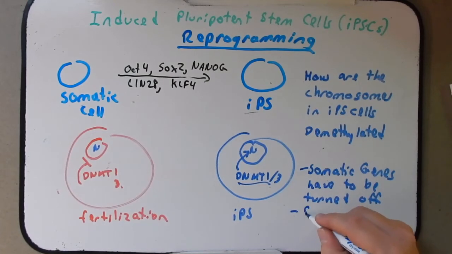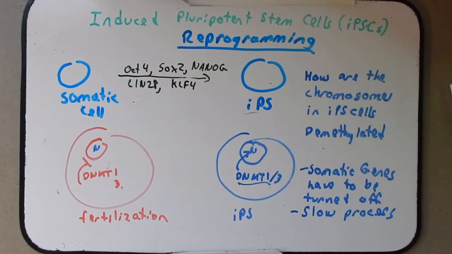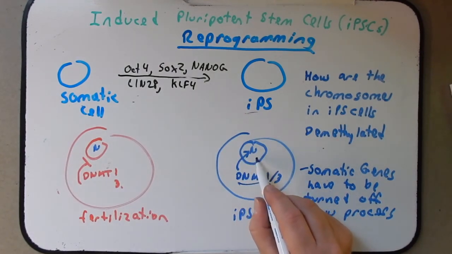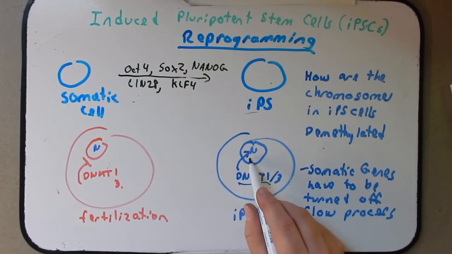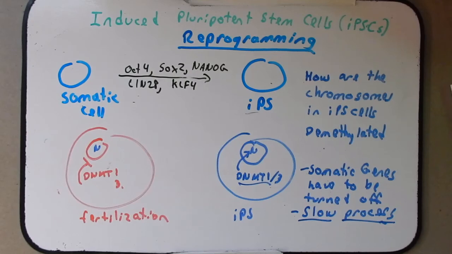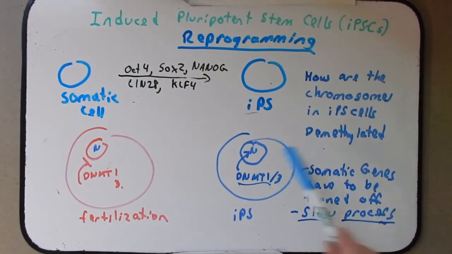But we do know that it is an extremely slow process. So it's possible that it takes a long time to demethylate the DNA when you actively have DNMT1 and 3 in the nucleus. Whatever the reason, we know it's a very slow process compared to fertilization, which is a very rapid process. So we don't really know how it's happening, but let's take a moment to describe some of these genes and what they might be doing.